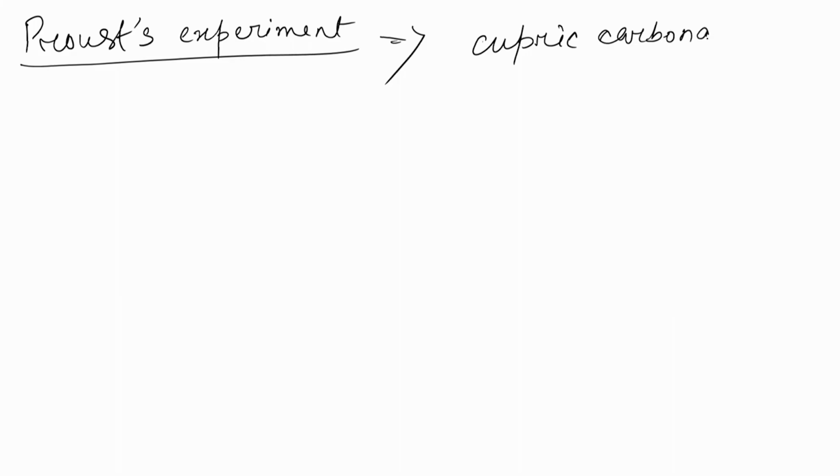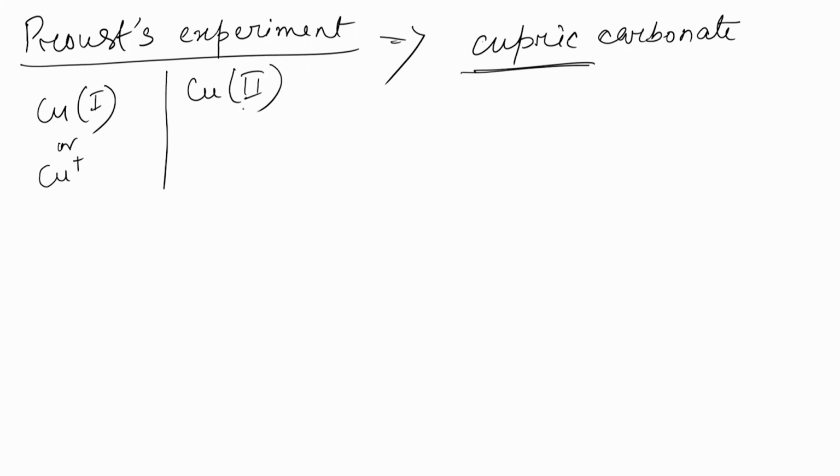What is cupric? Now copper can commonly have two oxidation states, that is Cu1 or Cu+, and Cu2 or Cu2+. This one is known as cuprous and this one is known as cupric.